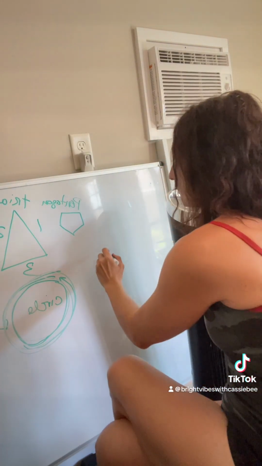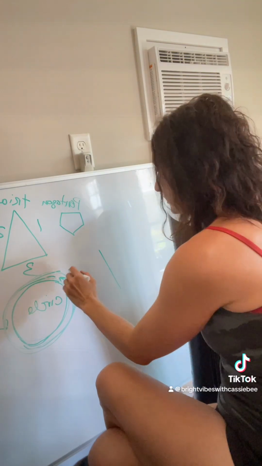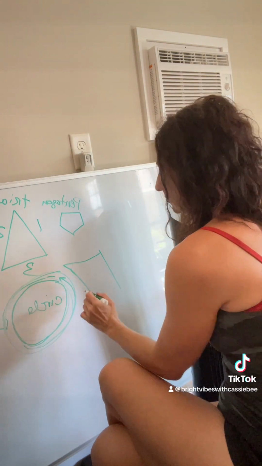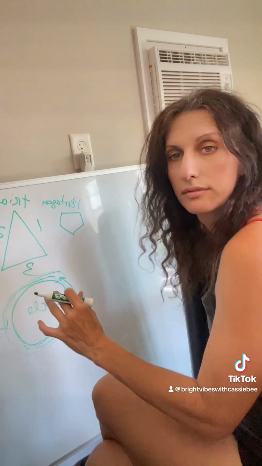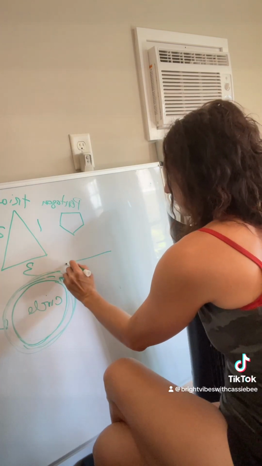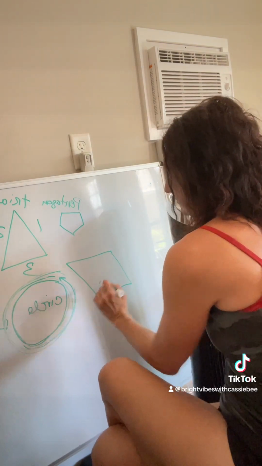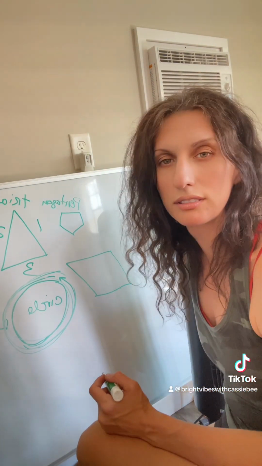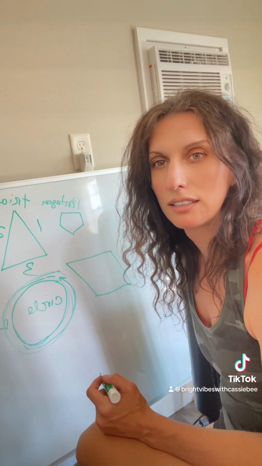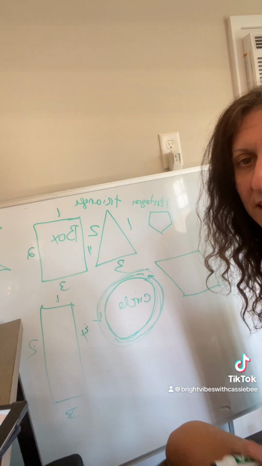Then we got a rhomboid, which is basically what? Well, let me do this again. Does it look like something else on the page? You can't see it?